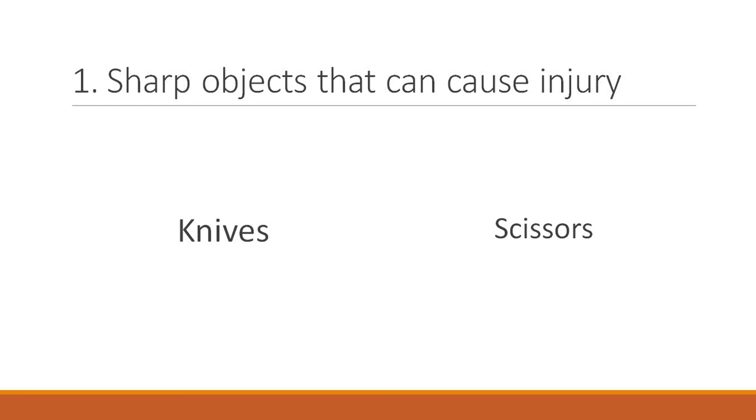So there are many sharp objects, isn't it? Like sword, javelin, and axe. These are all kinds of sharp objects, knives. So here I have mentioned 2 of those examples, knives and scissors. Now repeat after me.